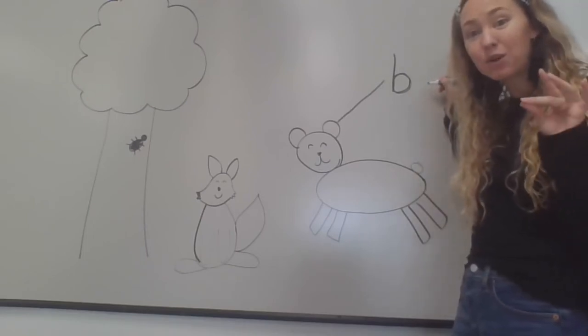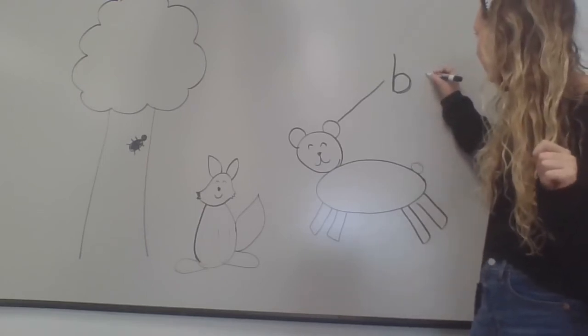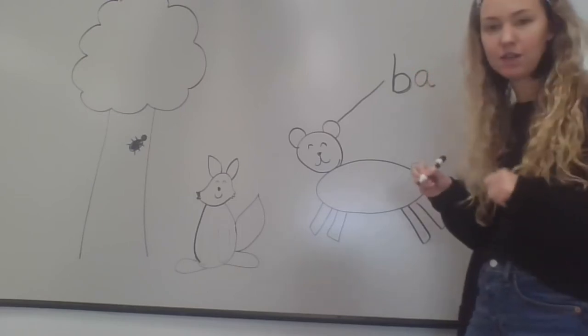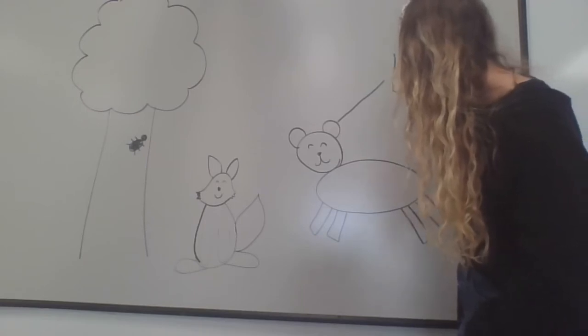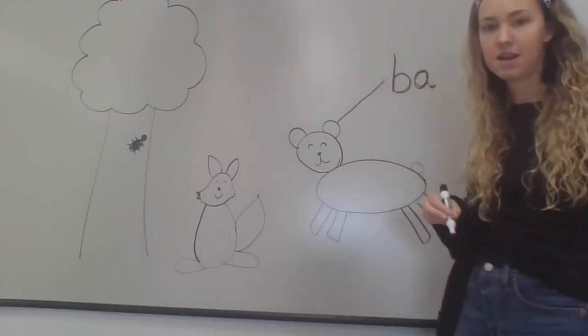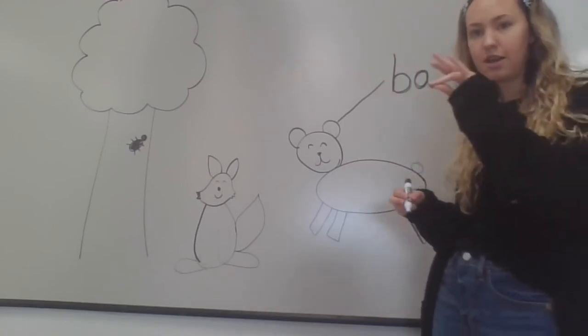Okay, and what letter should I use to show the sound for A? Yes, you're right. We're gonna use the letter A for its long vowel sound. So we're gonna write the letter A. Go ahead and do that on yours as well, and I'll make mine darker. Okay. Now, what was the last sound we heard in bear?